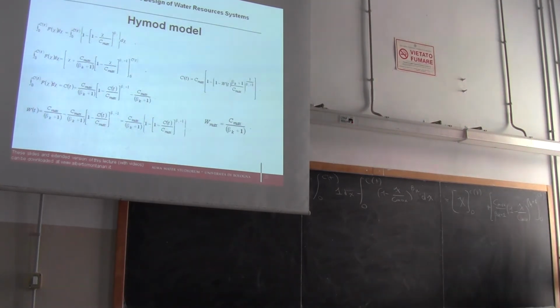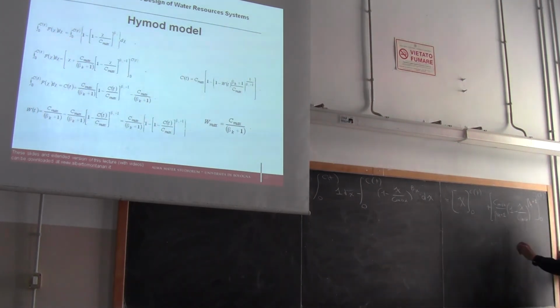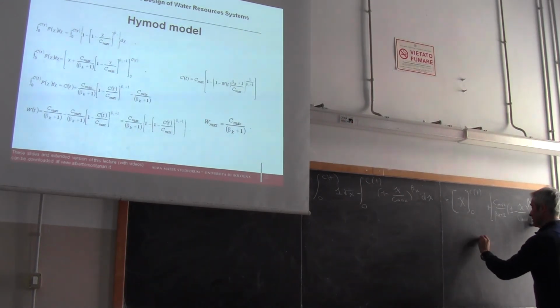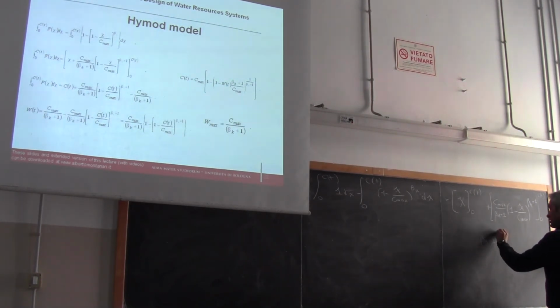Given that we computed the integral by intuition, let's validate what we guessed by computing the derivative. This is the derivative of an exponential function, which is equal to the exponent, beta k plus 1, which multiplies C max divided by beta k plus 1.